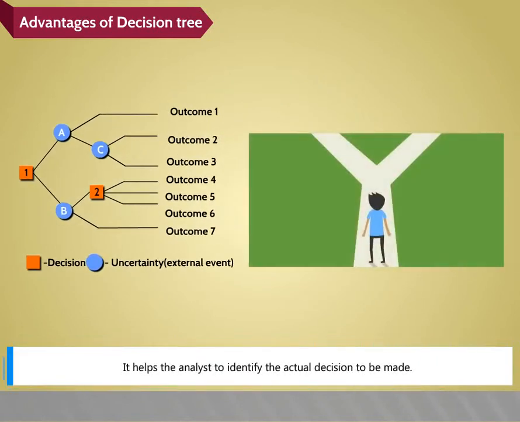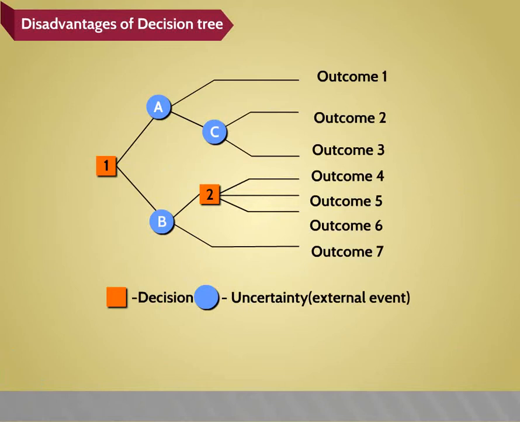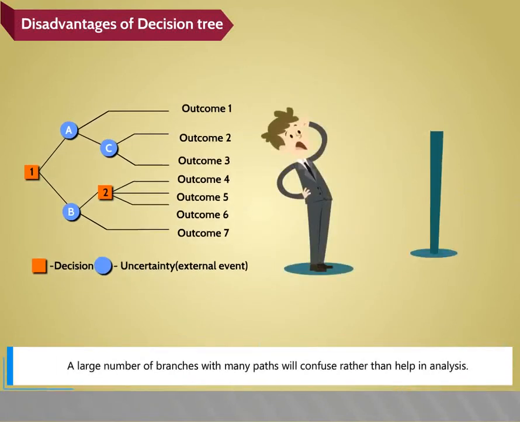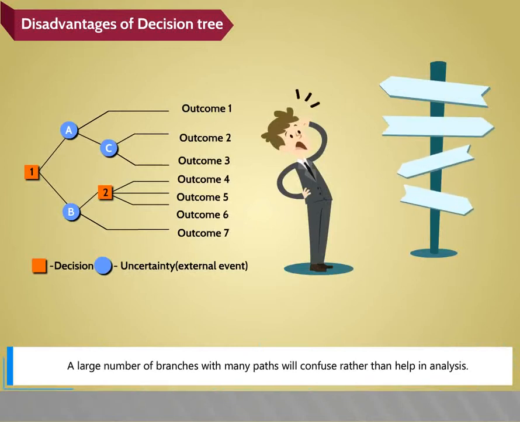It helps the analyst to identify the actual decision to be made. Disadvantages of decision tree. A large number of branches with many paths will confuse rather than help in analysis.